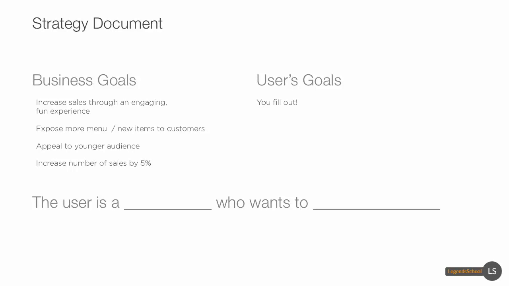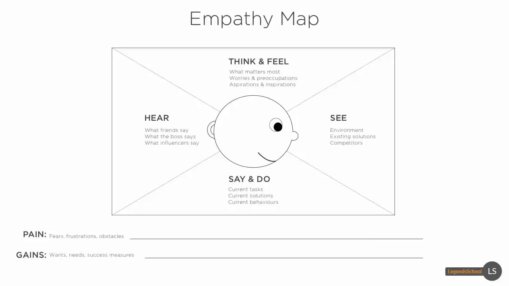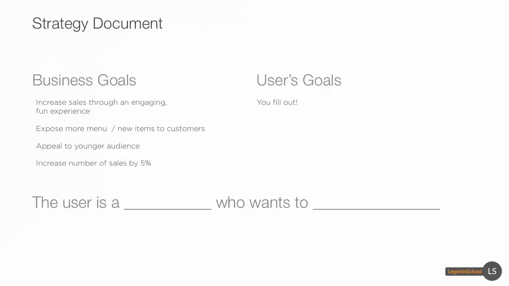So fill out about 4 or 5 user goals that are based on the empathy map. For example, the user goals could be the pain points, the frustrations, what the person's environment is like, and what matters most when ordering a pizza. So these are the kind of things that you want to fill out for your user goals. And then once you've done that, you can fill out this archetype statement.